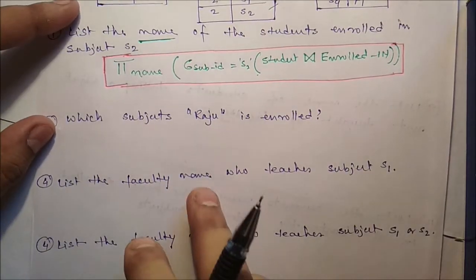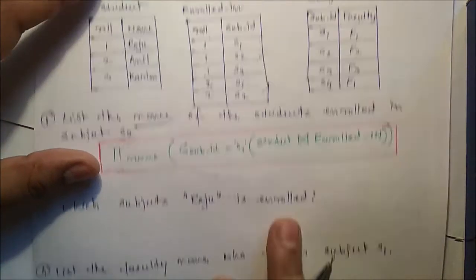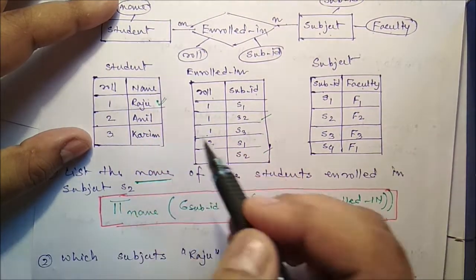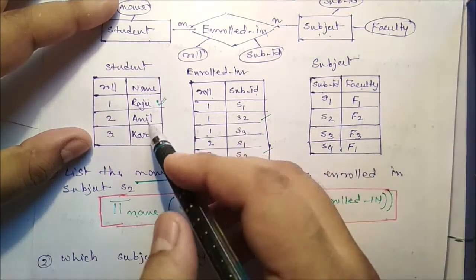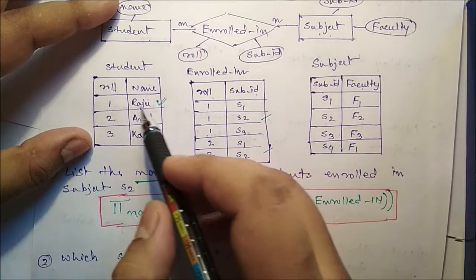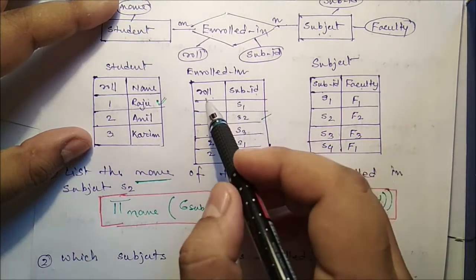The next query is: which subject is Raju enrolled in? Now we need to know Raju's enrolled subject. Here roll number and name are in student, but in enrolled in we have roll number and subject ID.